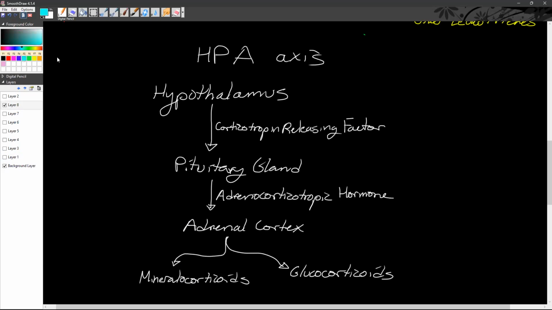Now, in the body, our glucocorticoid is cortisol, and our mineralocorticoid is aldosterone. So what is acting as our anti-inflammatory molecule through the HPA axis is cortisol.